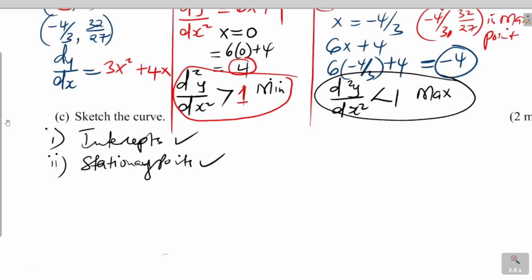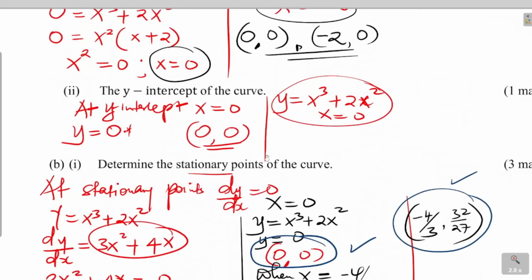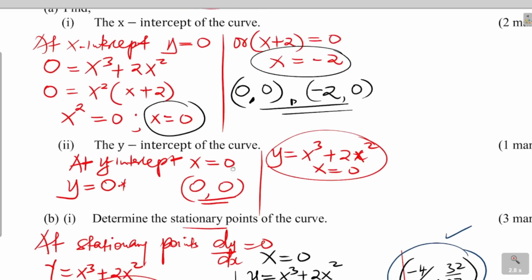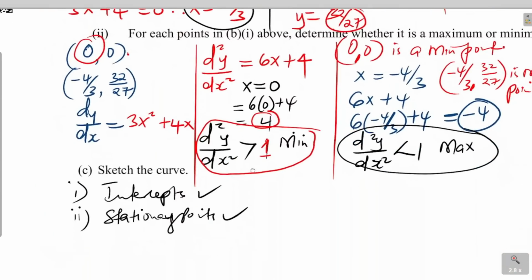So remember the first part, we got all the intercepts. The intercepts were (0, 0) and (negative 2, 0). So we have 2 intercepts, that is (0, 0) and (negative 2, 0). So those are the intercepts that you're going to use.